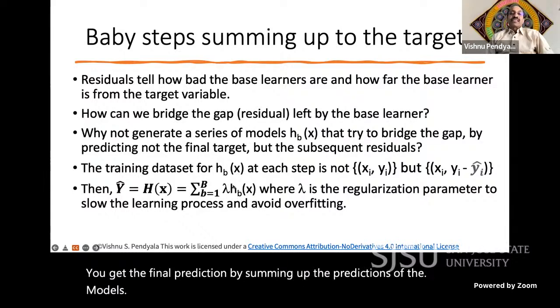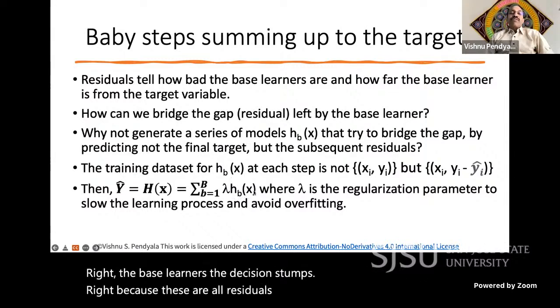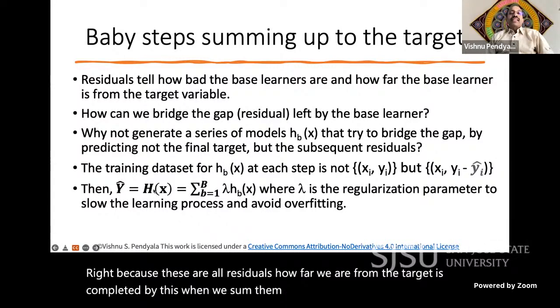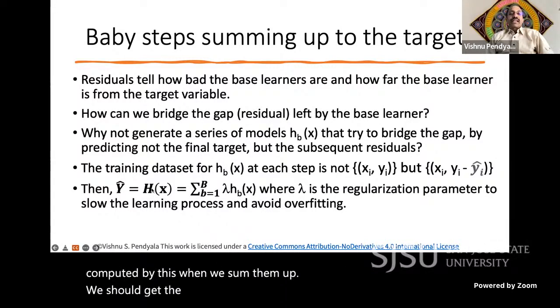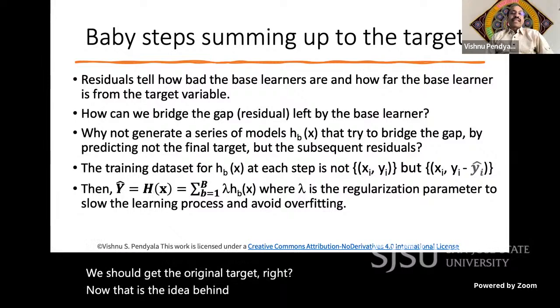The base learners, the decision stumps. Because these are all residuals, how far we are from the target is computed by this. When we sum them up, we should get the original target, right? Now, that is the idea behind gradient boosting, right?